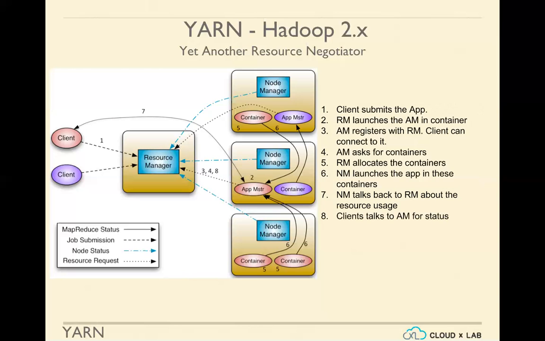The client can directly talk to the application master to understand the status, and the application master can expose a service as long as it's running. Once it's done, the application master deregisters itself from the resource manager and shuts down, and all the containers are deallocated.